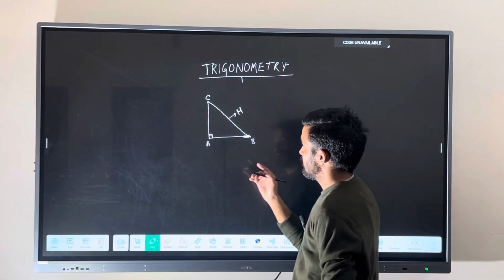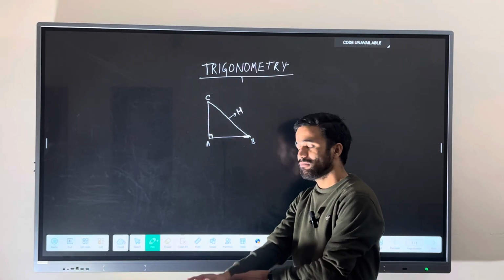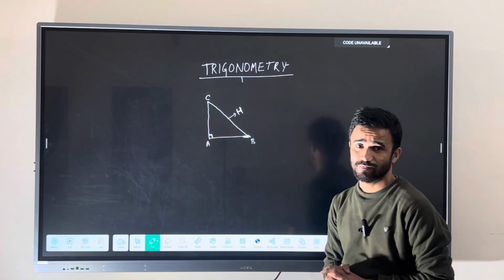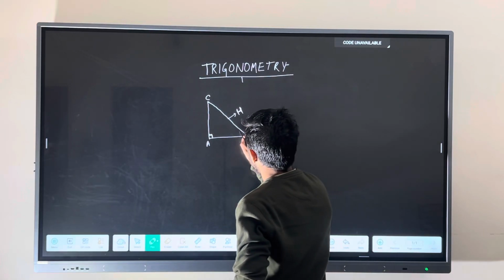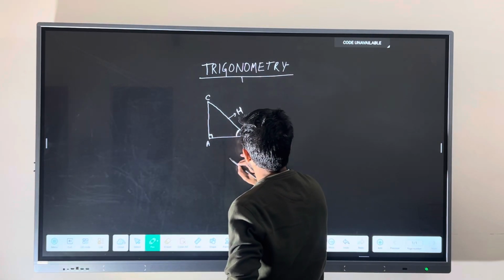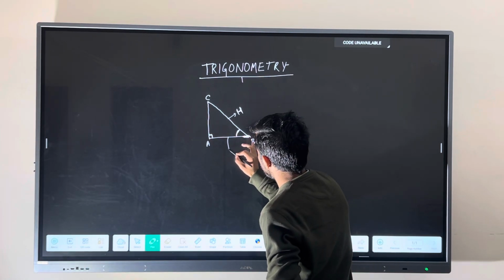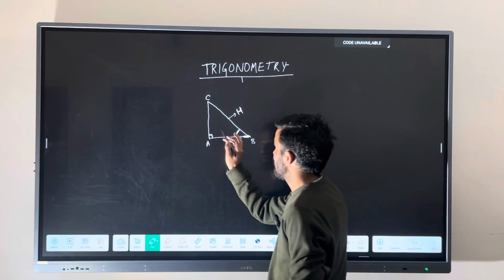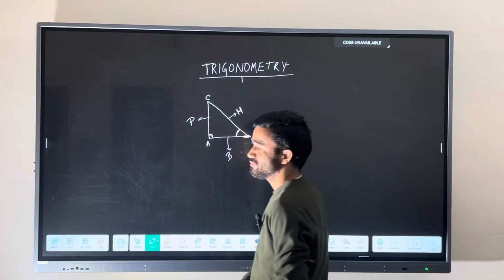There are two more sides, and in a right angle triangle we have perpendicular, base, and hypotenuse. Which side will we consider base, and which side perpendicular? Suppose I consider this angle, angle B. For that angle, this side AB will act as the base. So if AB is the base, then AC must be the perpendicular.